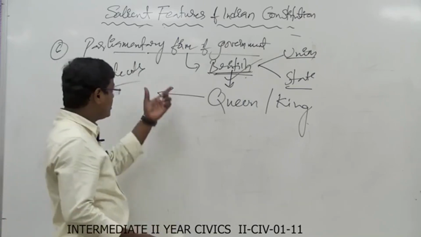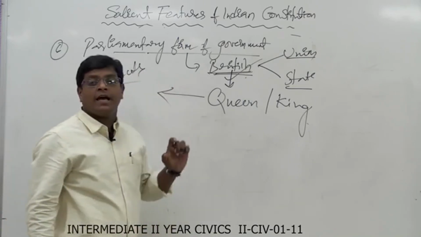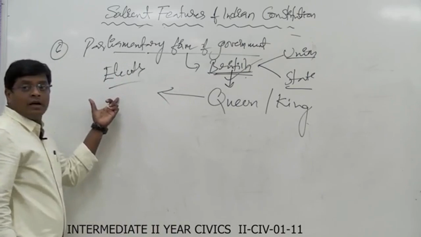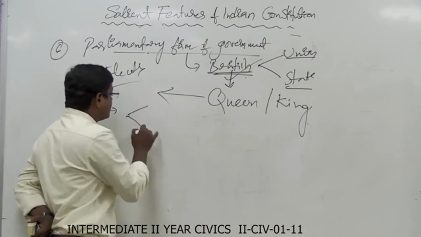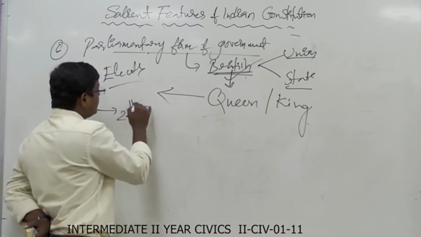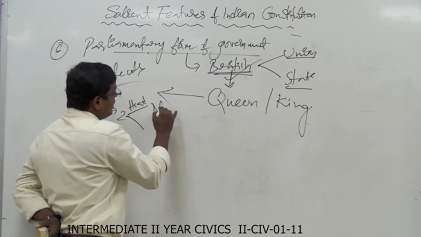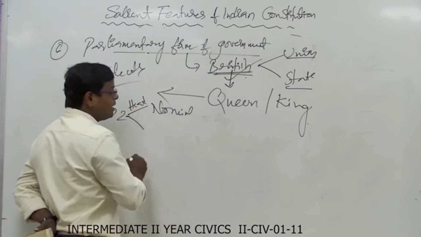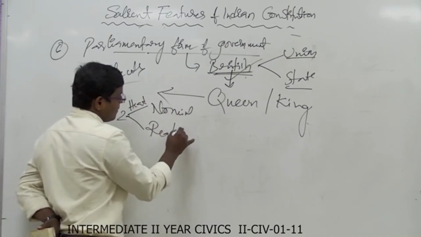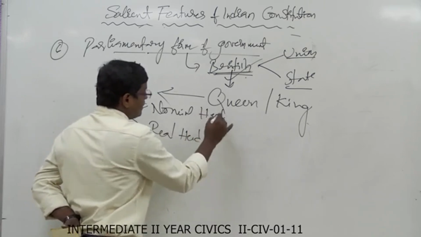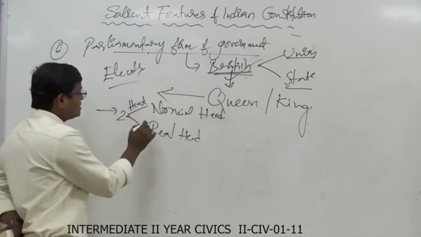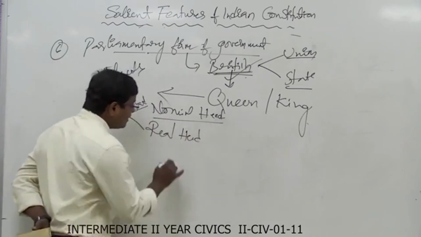Our head of the nation comes from an election. Moreover, the additional feature is two heads: one is the nominal head, another is the real head. In the parliamentary form of government, the basic feature is the nominal head and the real head.